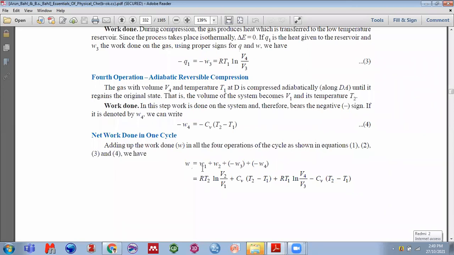That is W equal to W1 plus W2 plus in bracket minus W3 plus in bracket minus W4. So putting the values of W1, W2, W3 and W4, RT2 ln V2 by V1 plus CV T2 minus T1 plus RT1 ln V4 by V3 minus CV T2 minus T1.